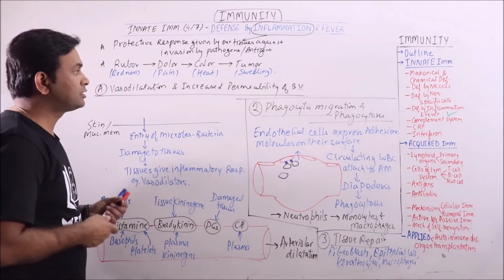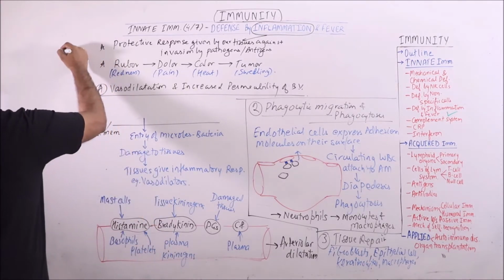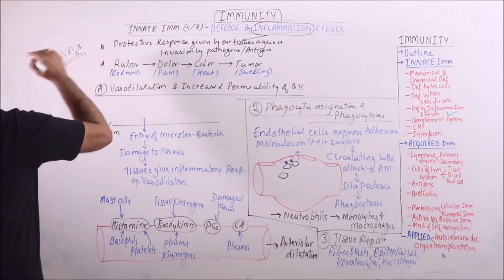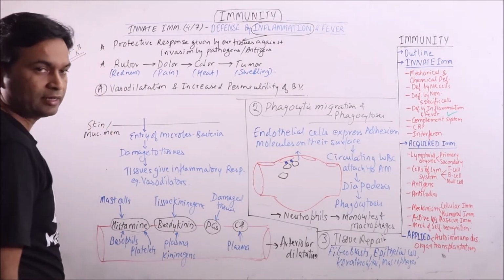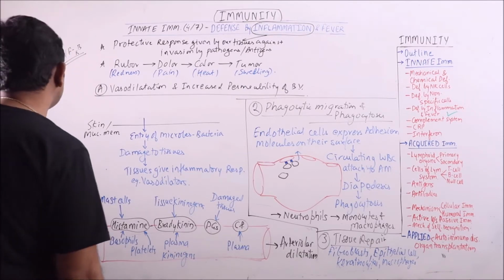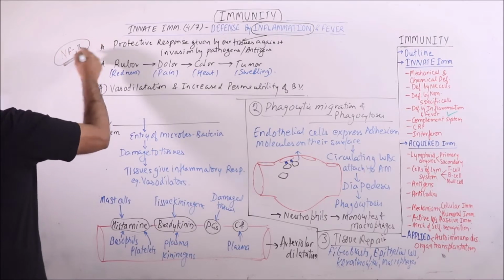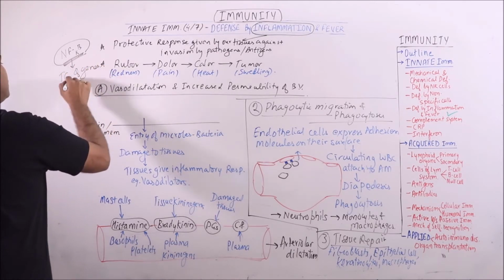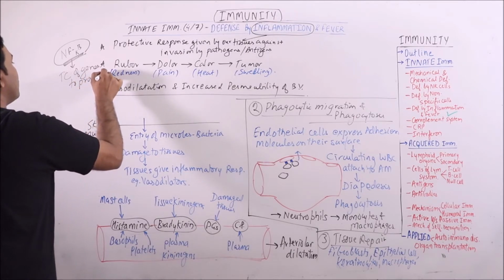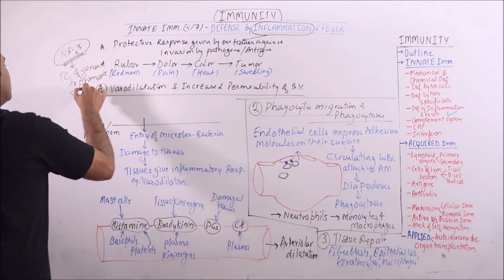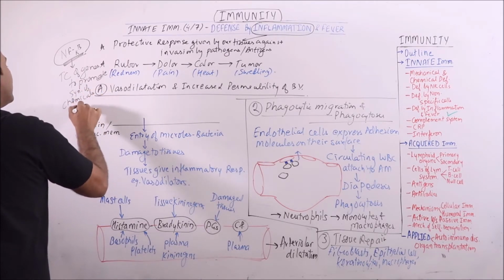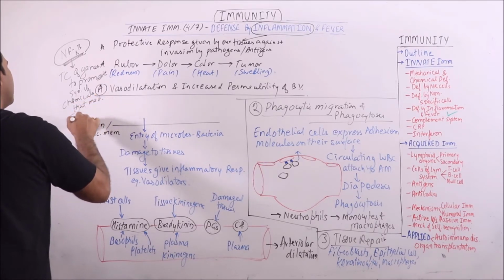In the whole process, it's important to discuss nuclear factor kappa light chain enhancer of activated B cells. What is this? This is basically important for transcription of genes to promote synthesis of chemicals that mediate inflammation.